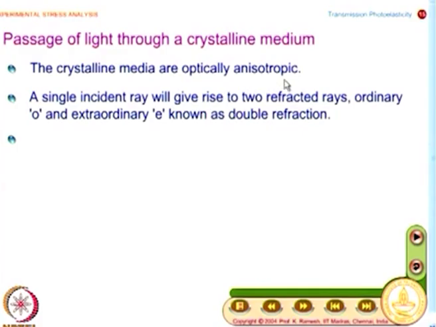Because it is optically anisotropic, you also have another interesting thing happening. A single incident ray will give rise to two refracted rays, and they are also named in a conventional sense. You have one ray which is called ordinary ray, labeled as O. Another ray is called extraordinary, and this happens because of double refraction.